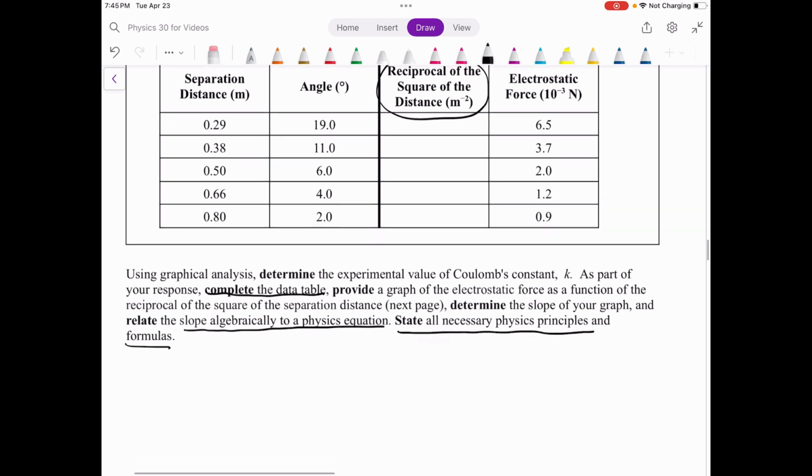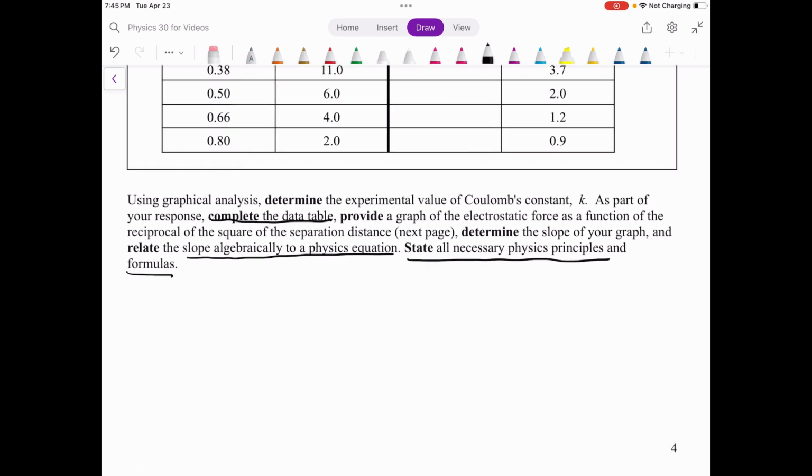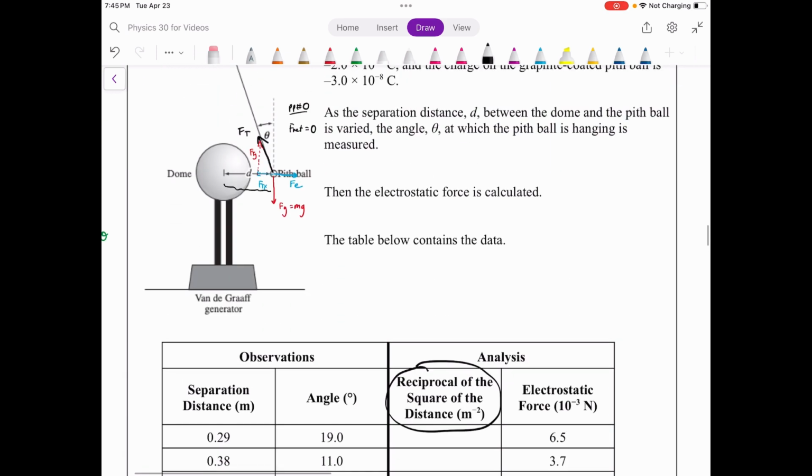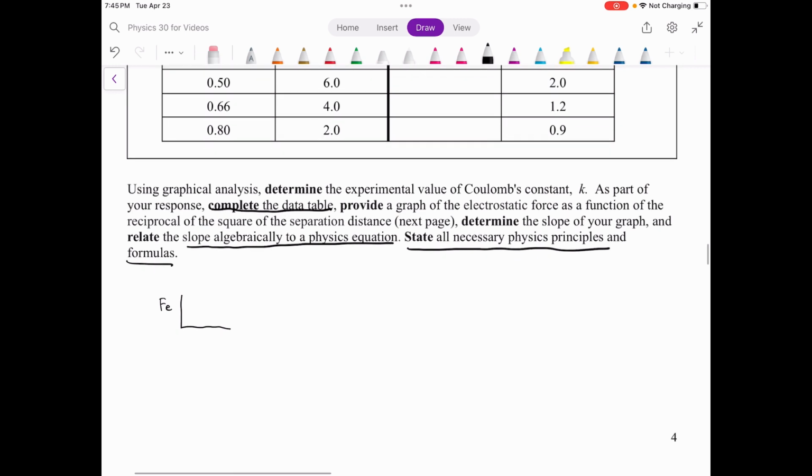Because to use graphical analysis, we know we need a slope, area, or intercept. So if we just do FE as a function of their separation distance, they're calling it D, but typically we would call that R, still means the same thing. We know if we did this, we couldn't do graphical analysis. Sad face.